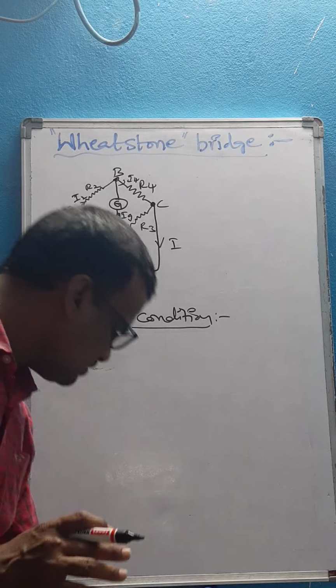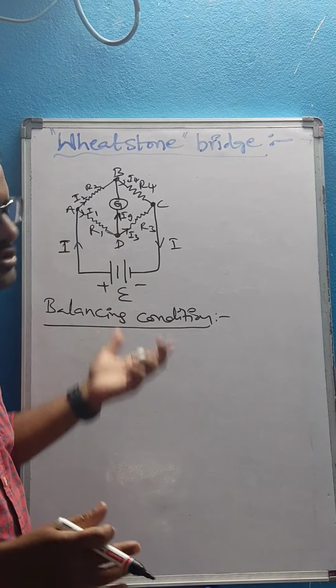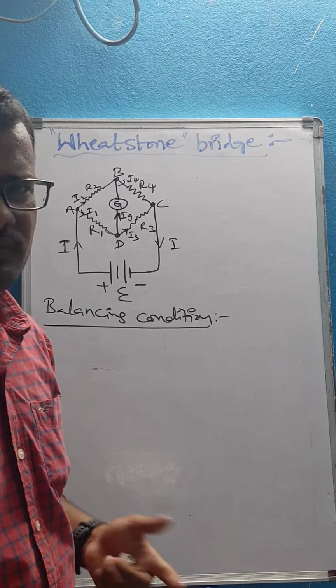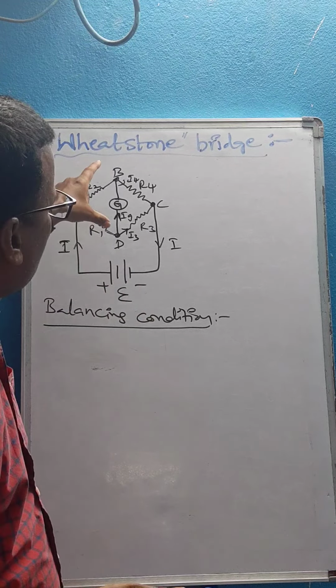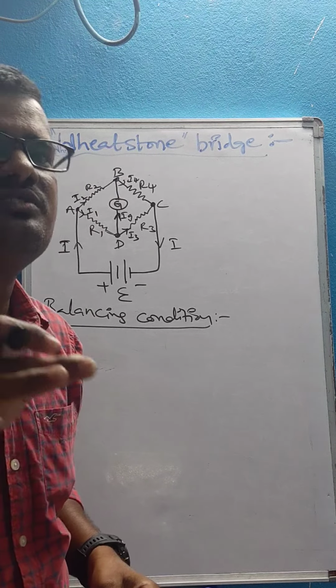So here now we can apply the Wheatstone, already I told that Wheatstone bridge is the application of the Kirchhoff laws. So now at junction points B and D, we can apply the Kirchhoff's junction rule.